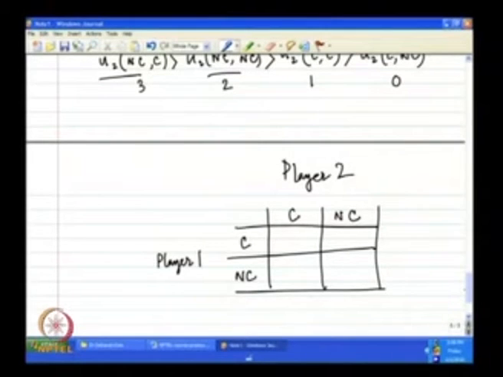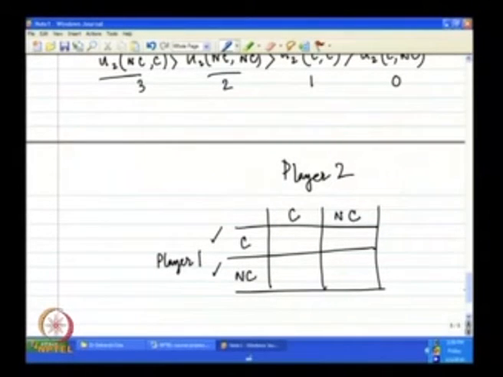What it means is that when I wrote player 1 on the left hand side just beside the rows, it means that player 1 is choosing the row. He can choose either the first row or the second row, and each row stands for an action. Since player 1 has two actions to choose from, C and NC, the rows are called C and NC.